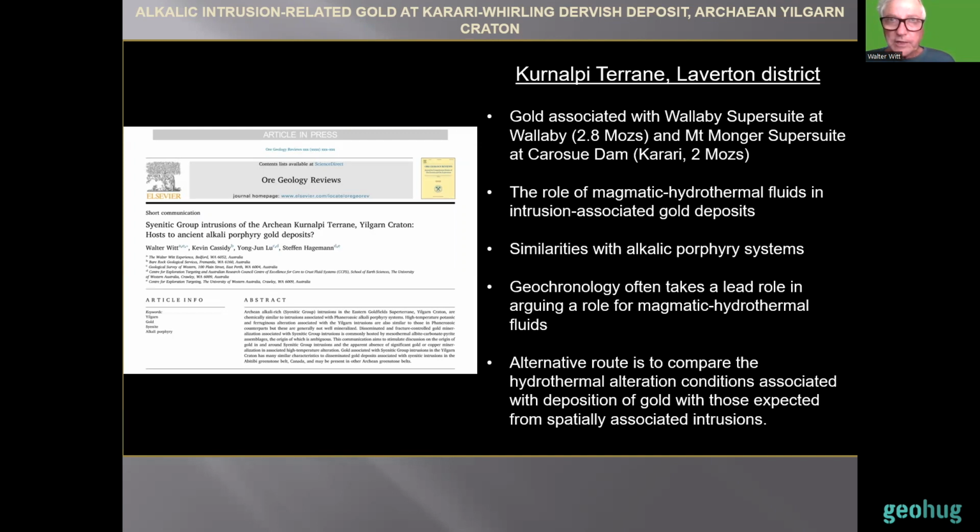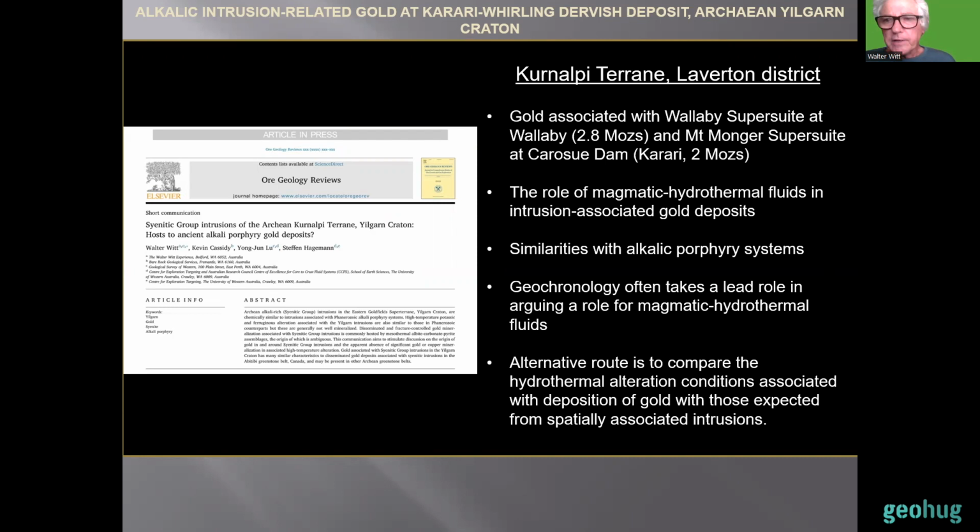In establishing a genetic link between intrusions and gold, geochronology often takes a lead role, and where the age of the intrusion and the age of the gold overlap within error, it is presumed that the mineralisation can be classified as intrusion-related, implying a magmatic hydrothermal fluid.